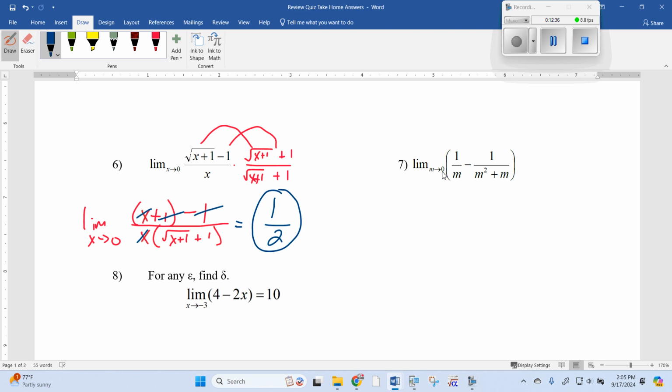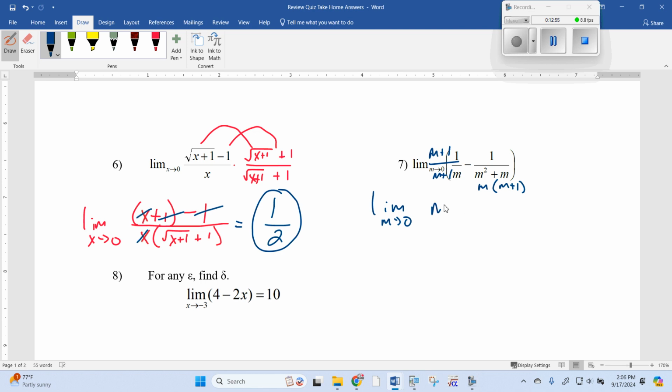Over here, when I plug in 0, it doesn't work. So I need to get common denominators. So if I get common denominators, this factors into m times m plus 1. So I'm going to multiply by m plus 1 over here.